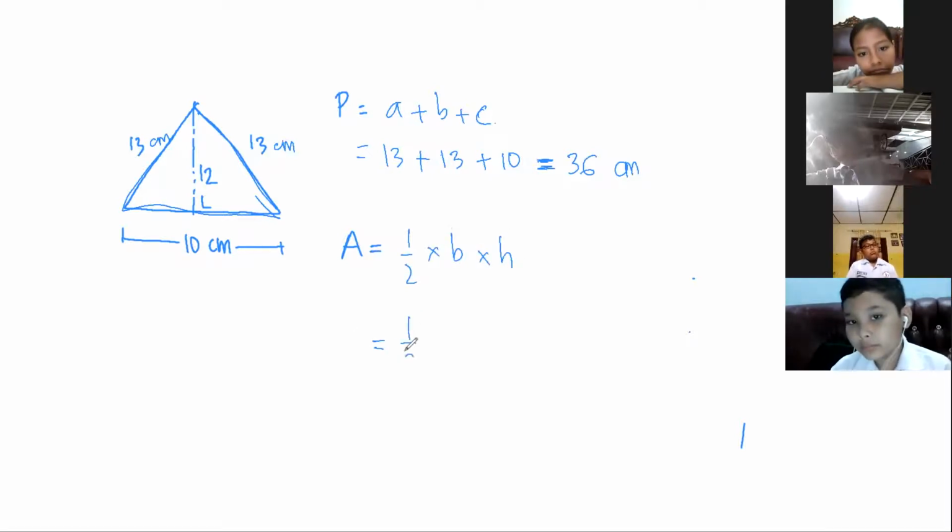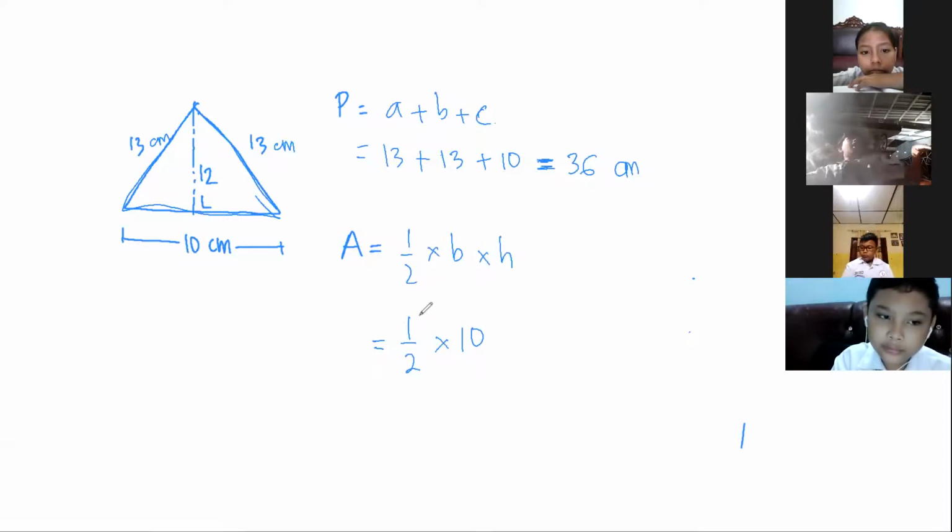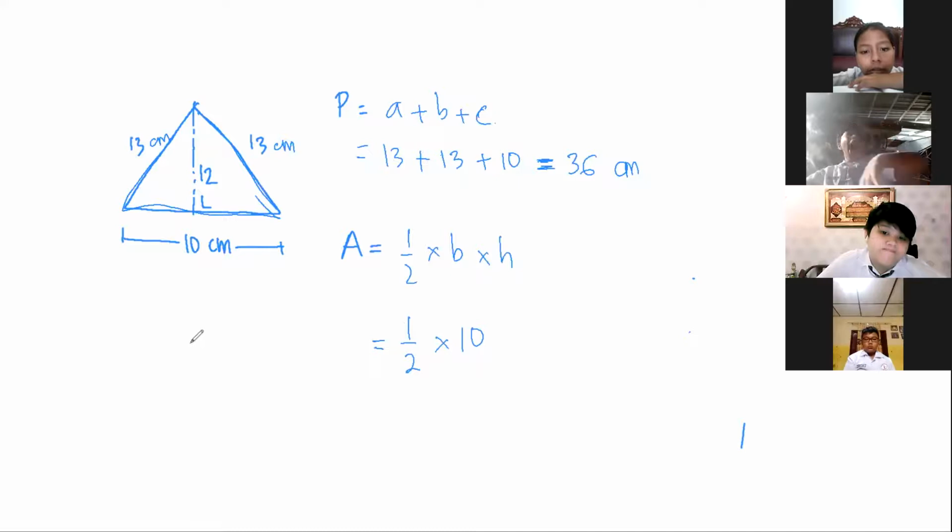So we got the base. Base yang mana di gambar ini? But look, why we say 10 the base? Itu alasnya, Miss. Ya, because that is the alas. The picture-nya alasnya gini.